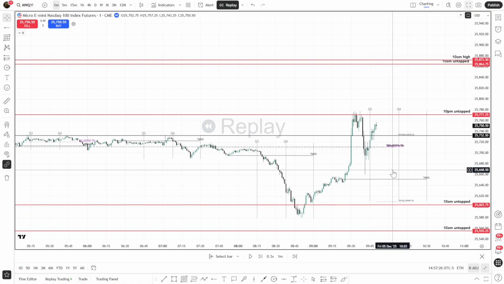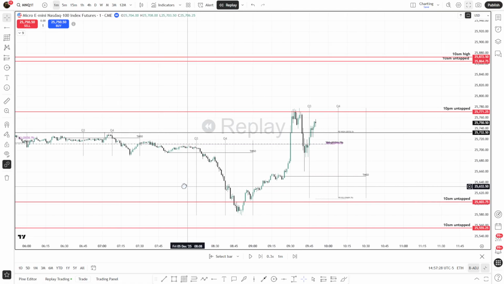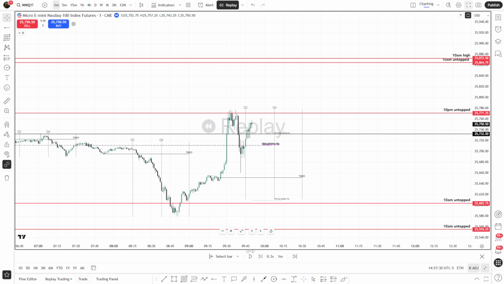This is going to be the finishing of the 6 a.m. candle. All right. And so let's just move price action along here. Okay, we get a break above this level. We have 956 taps this level.